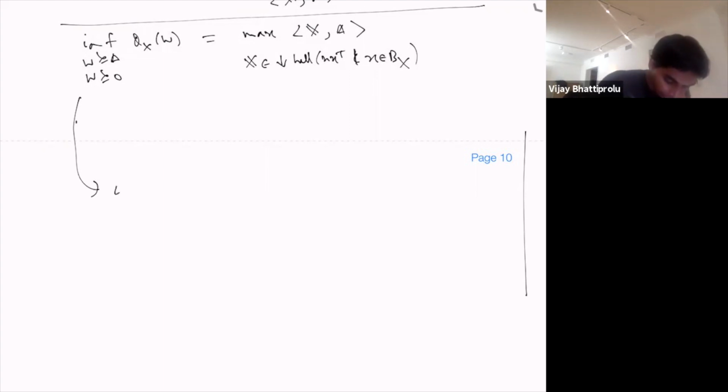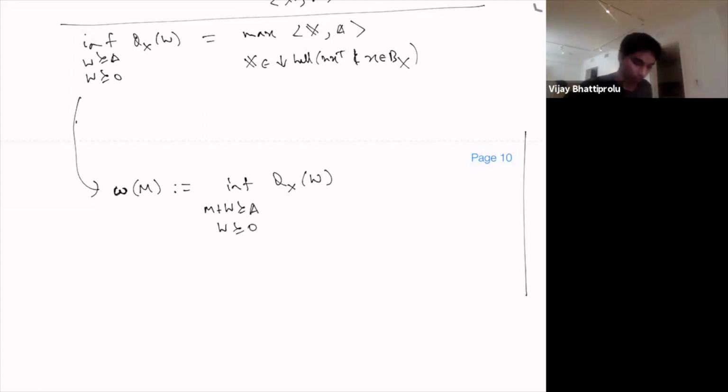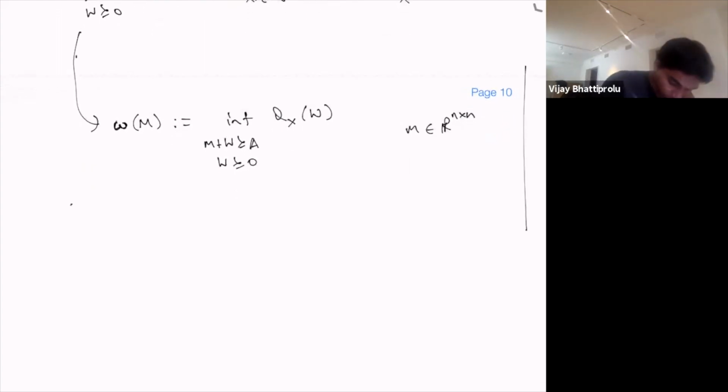So we're going to define a new quantity omega of M as the infimum of QX of W, such that W dominates M, W dominates A, and W is PSD. And I allow M to be anything in R n cross n, any symmetric matrix. Right. So two observations. Omega is convex.